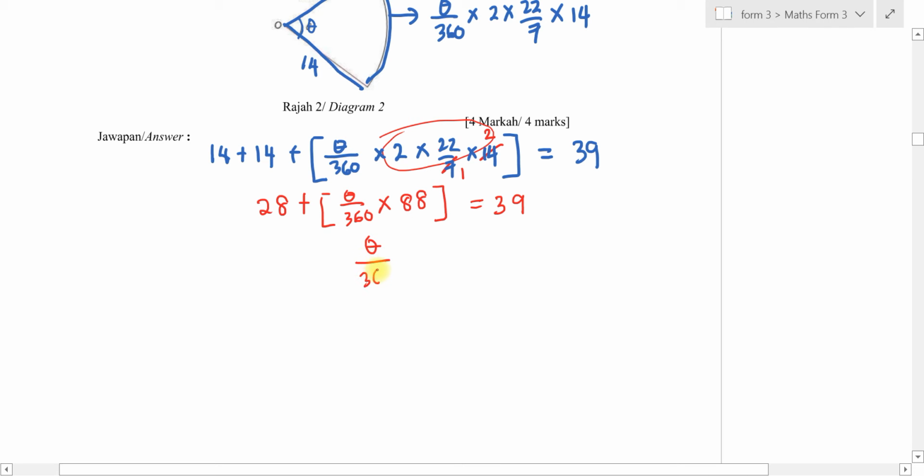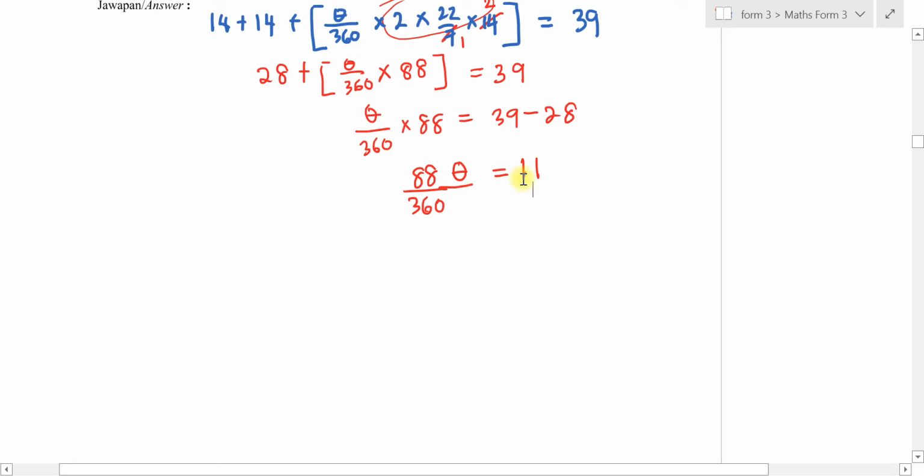So theta over 360 times 88 equals 39 minus 28. Actually it's 88 theta over 360, we can write like this, equal to 11. 88 times theta is 88 theta.